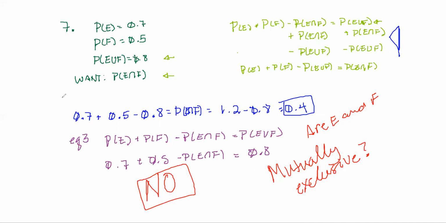Well, logically speaking, we know that the probability of E intersecting with F is equal to 0.4. So if there's a probability of that, then there is intersection. And if the intersection exists, then by definition, they are not exclusive.